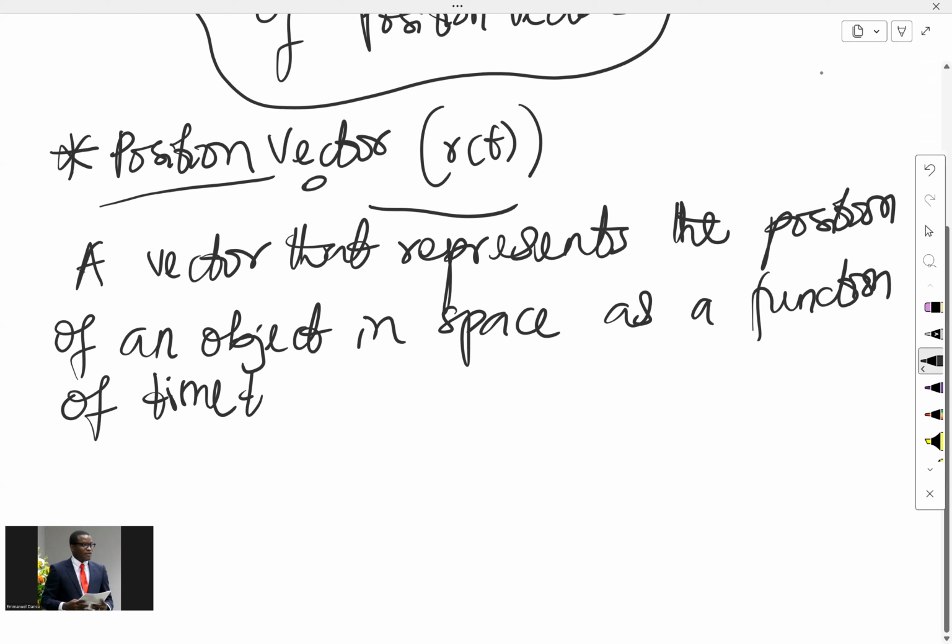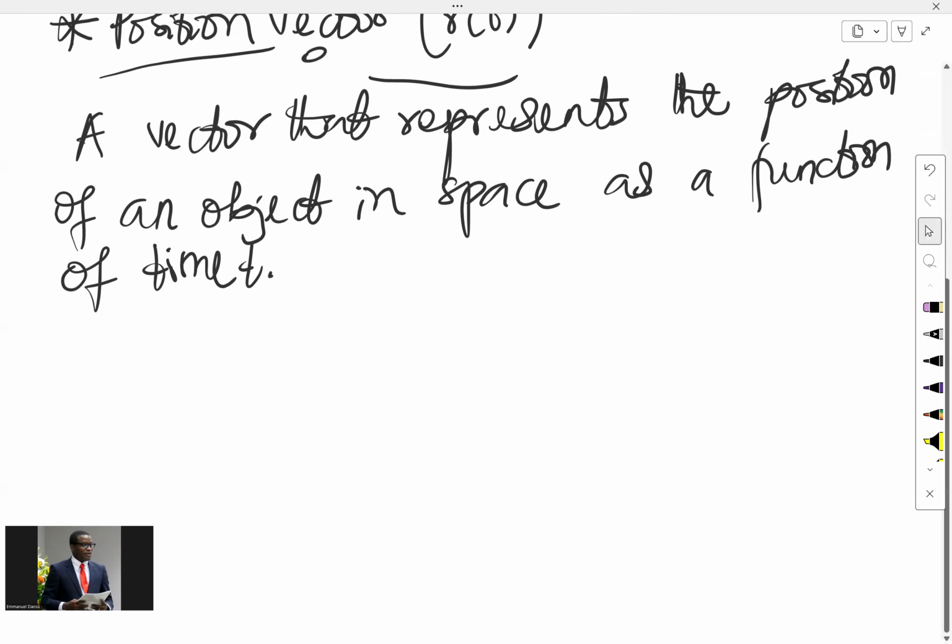So a position vector is a vector that represents the position of an object in space as a function of time t.